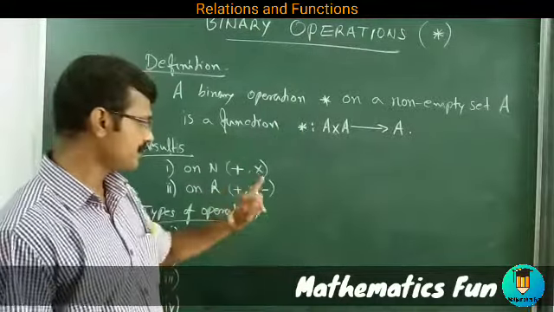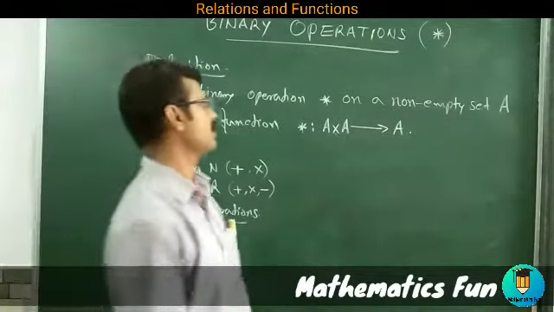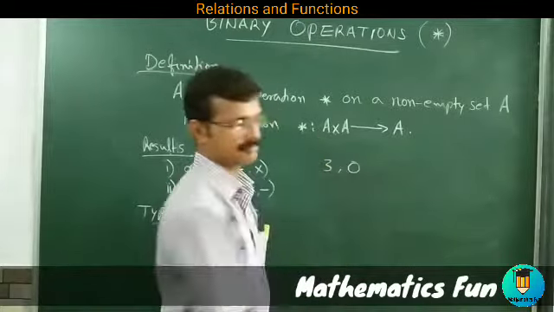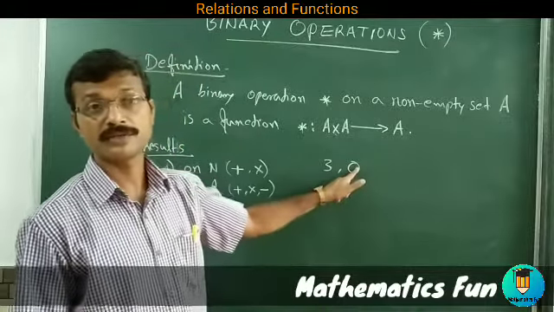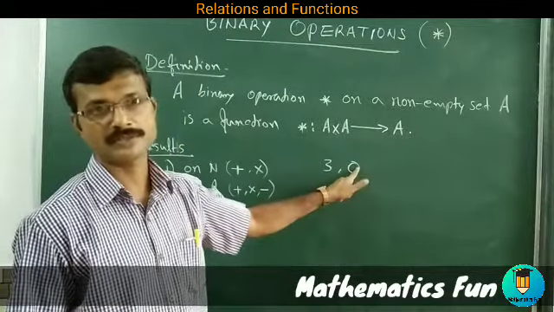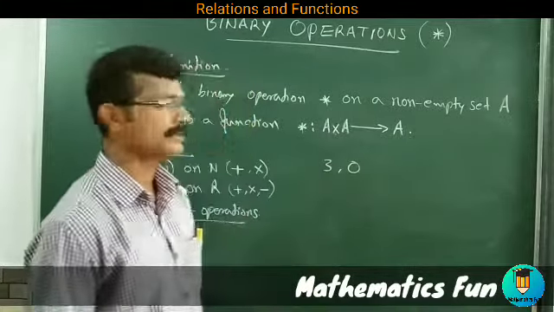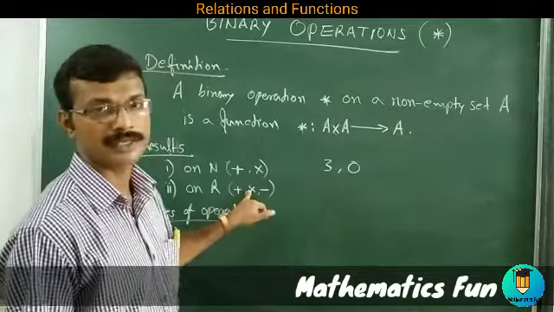But when it comes to division in the case of real numbers, for example, take two real numbers 3 and 0. Division 3 by 0 is not defined. 3 by 0 is not a real number. Therefore division is not a binary operation on real numbers.